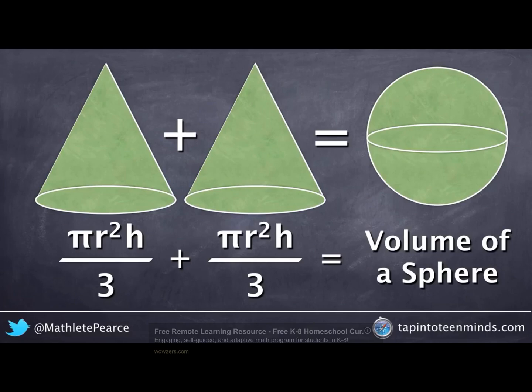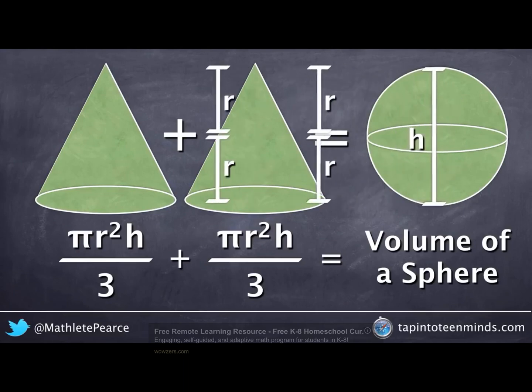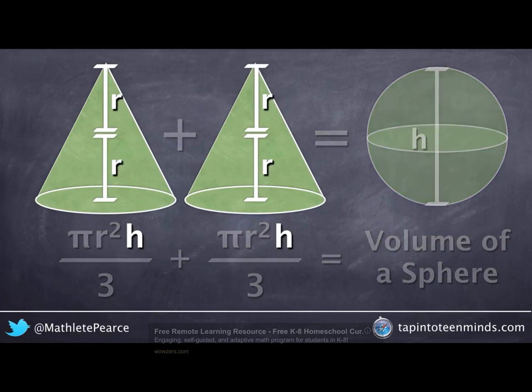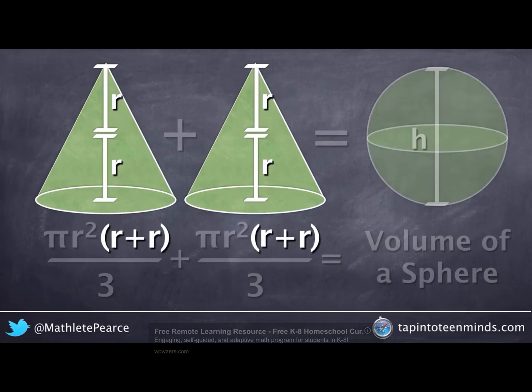But this isn't necessarily the most efficient way. If we analyze the relationship between the radius of the cones and the height of the sphere, we'll see that 2 radii is equal to 1 height of the cone and 1 height of the sphere. So rather than calling the height of the cone h, we could essentially replace h with r plus r, or 2 times r.